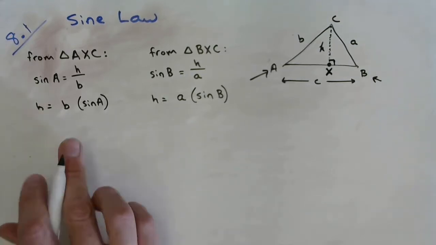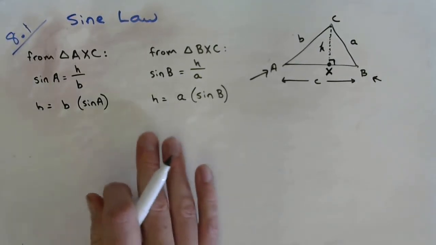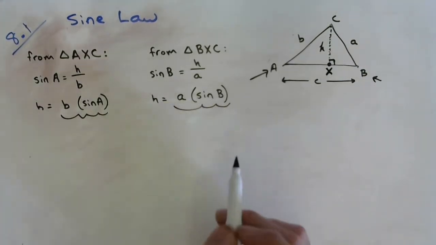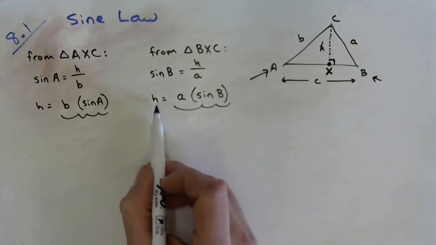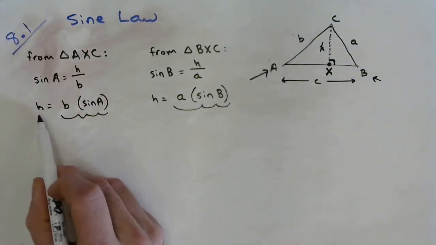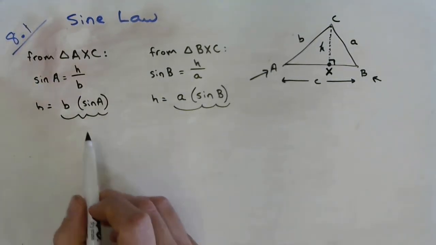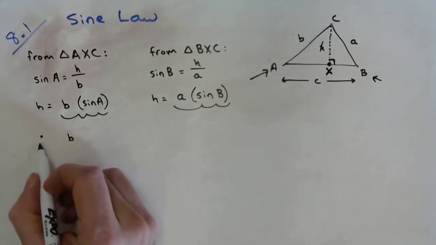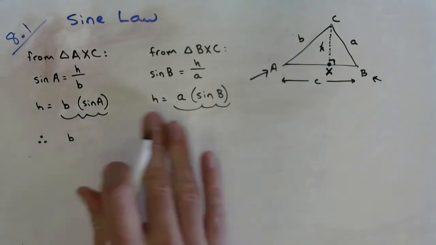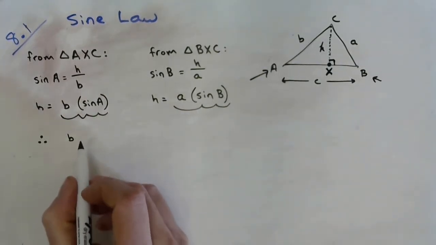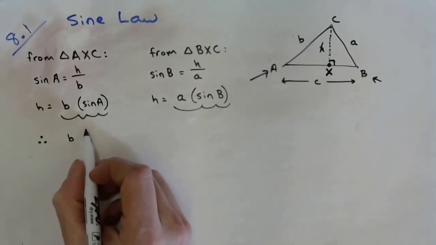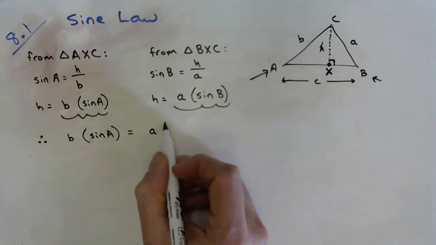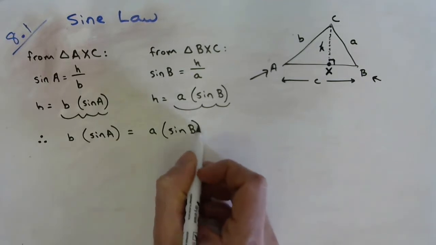They are equal. They both equal h. h must equal h. That's what equal signs do. And so we can say safely, and if you want to write a little therefore to help you realize that you're combining this information into a new thought, that b times the sine of A is then equal to a times the sine of B.